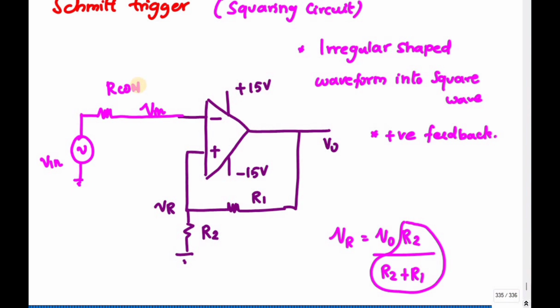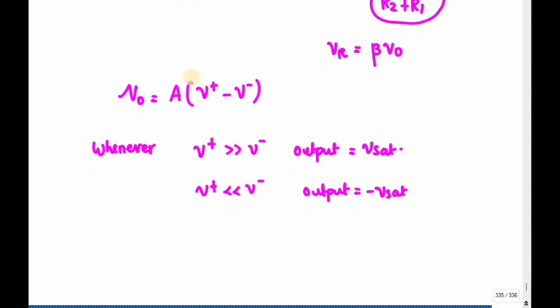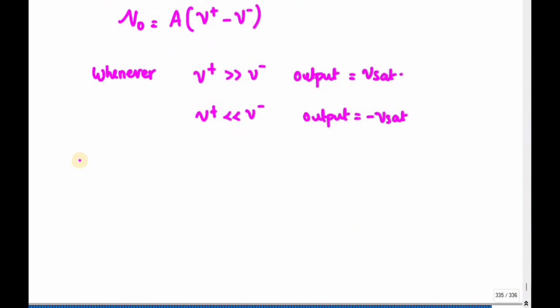This resistance is equal to R1 in parallel with R2. So what is the purpose of RCOM? The RCOM is used to minimize the offset problem.